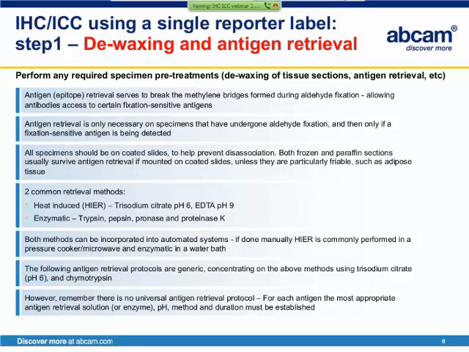Both frozen and paraffin sections usually survive antigen retrieval if mounted on coated slides, unless they are particularly friable, such as adipose tissue. There are two common methods of antigen retrieval: heat-induced, or HIER for short, which involves the use of a suitable buffer, such as trisodium citrate at pH 6 or EDTA at pH 9.